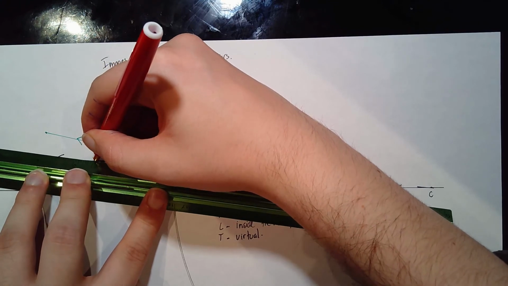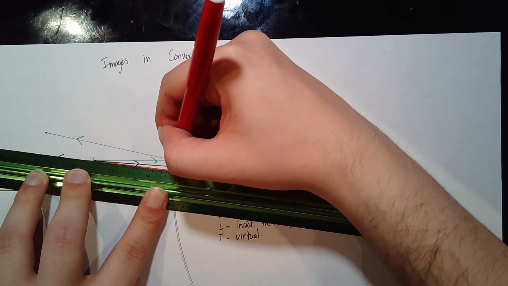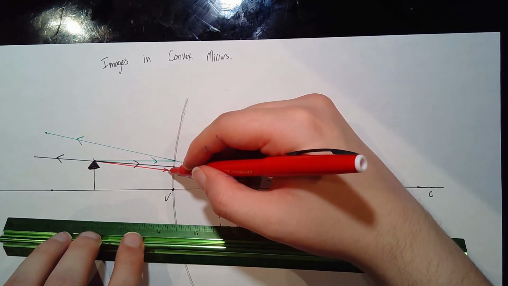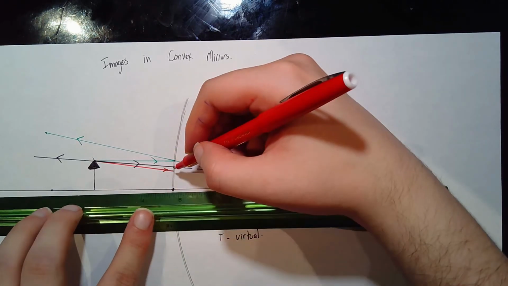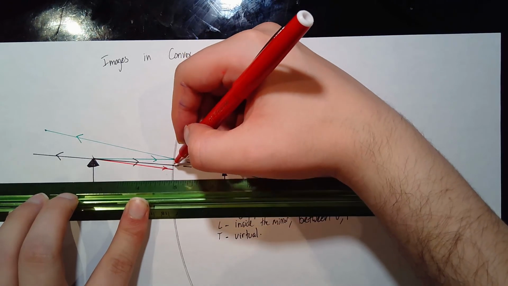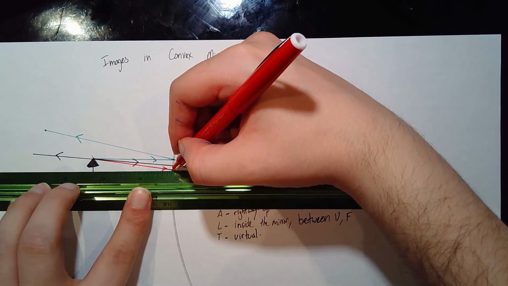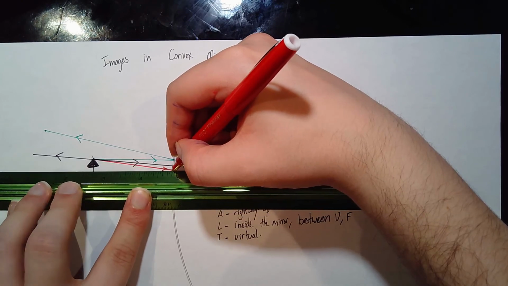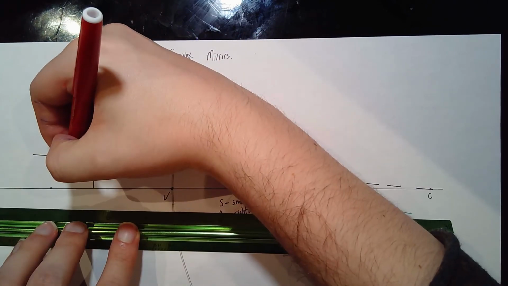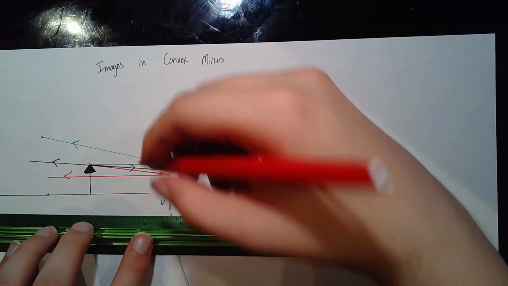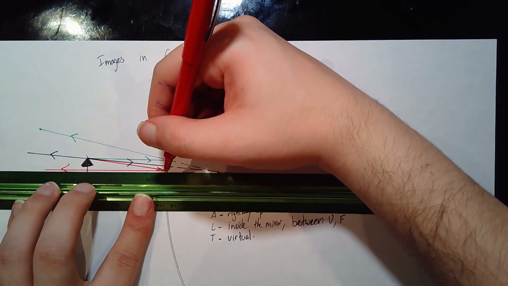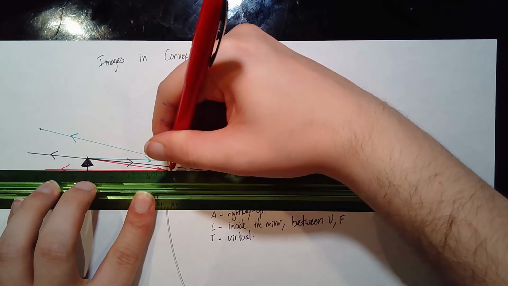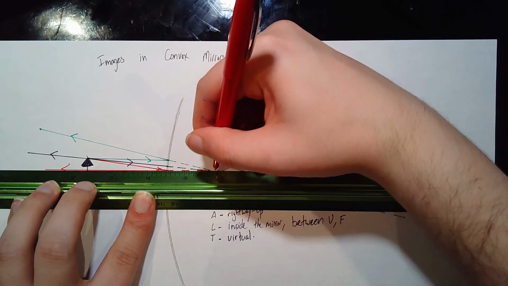This ray will not actually go through the focus, right, because it cannot go past the mirror. But when it reflects off, it will reflect off parallel. Let me make sure I have this correct. Okay, and now we're going to do the same thing. We're just going to extend this parallel line back into the mirror with some dotted lines.